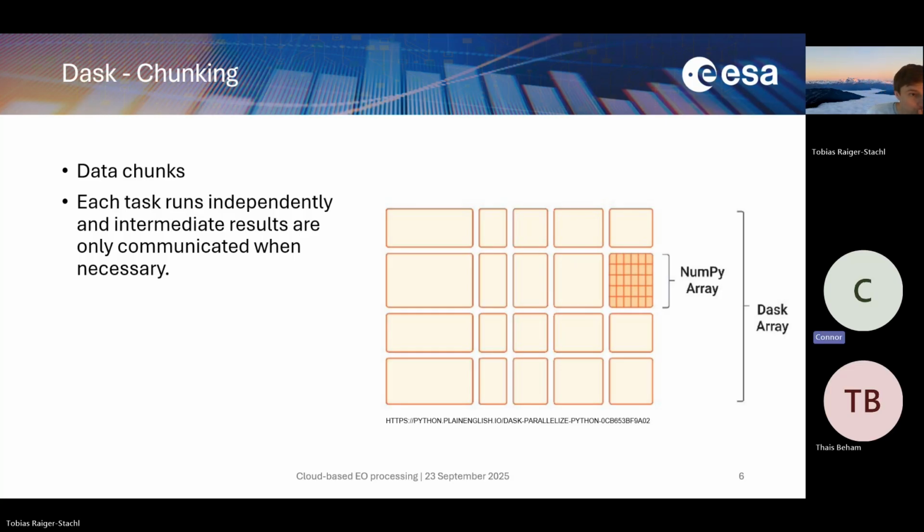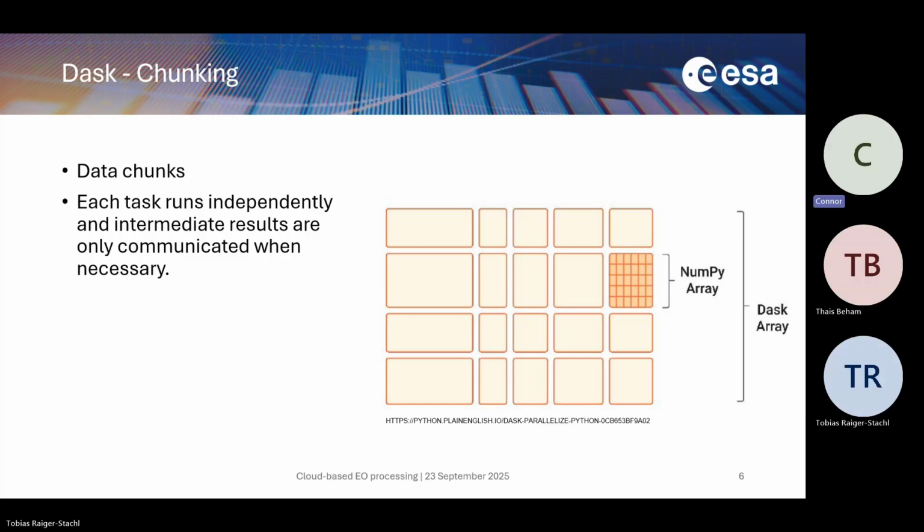A good point of Dask is that it's written in Python, so if your code is already in Python, it's very easy to use Dask in the end. And Dask has equivalents of NumPy array, of Pandas data frame.